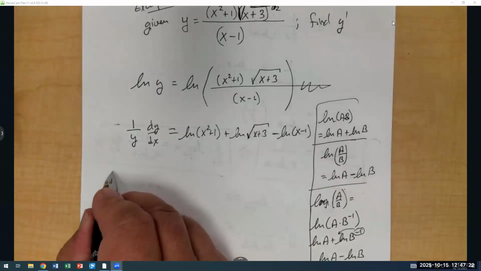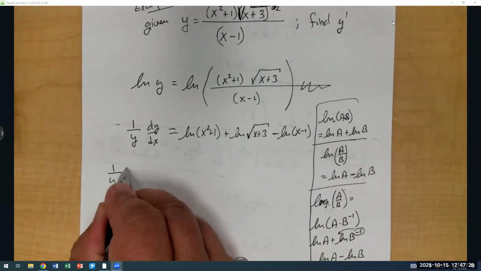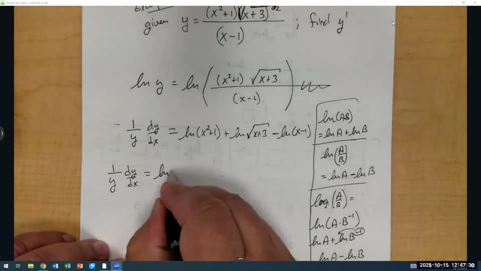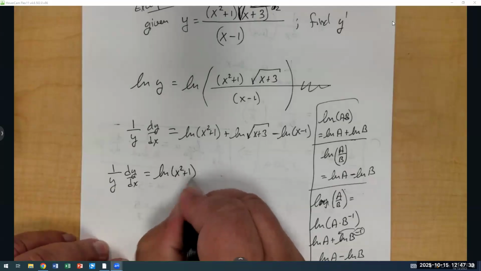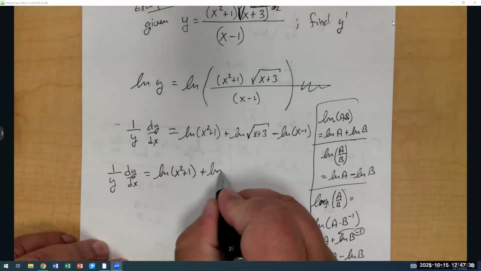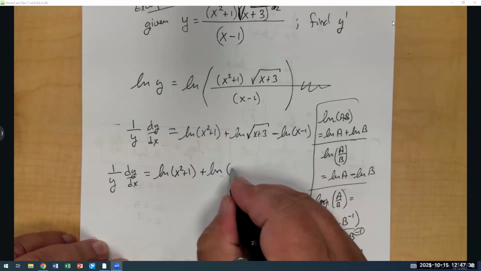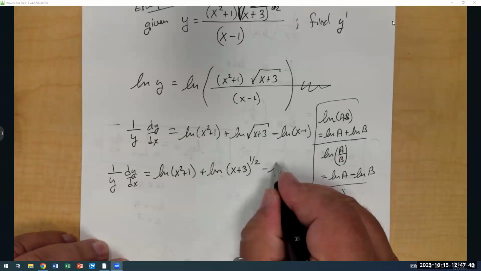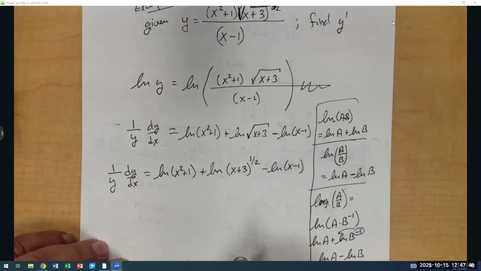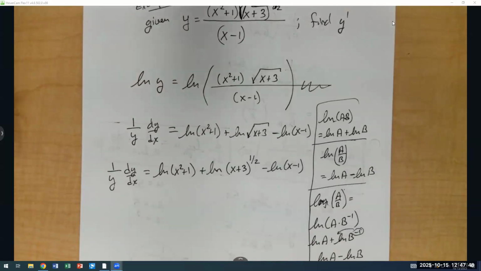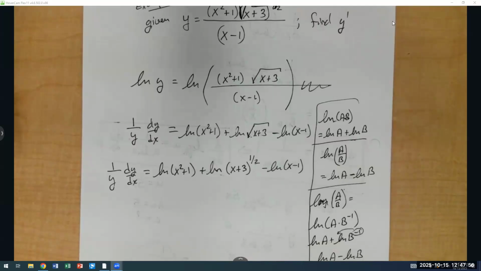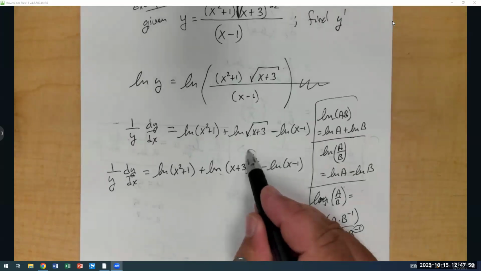Okay, so we have 1 over y dy/dx is equal to ln of x squared plus 1, plus ln of, well, the square root, you can't have radicals inside there, so this radical can be rewritten as the power 1/2, minus ln of x minus 1. Now what do you do with exponents?